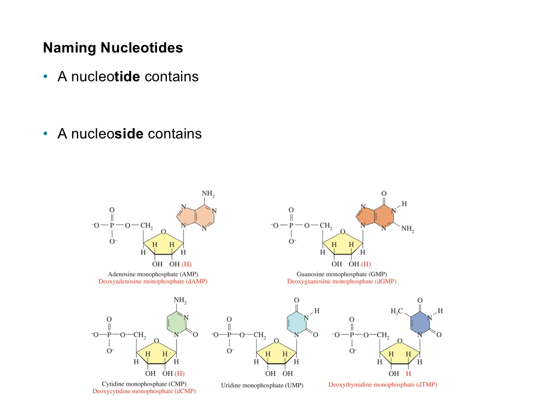So, just kind of as a review here, a nucleotide contains a nitrogenous base, a sugar, and a phosphate.